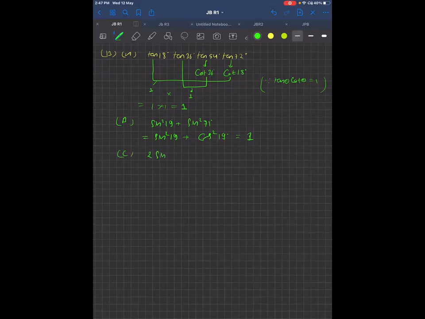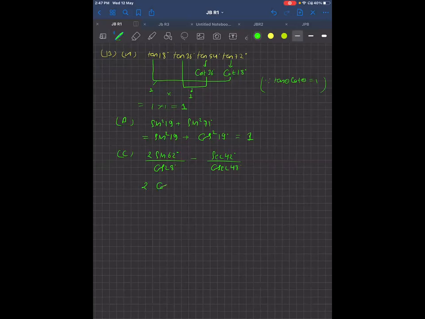2 sin 62 degree by cos 28 degree minus sec 42 degree by cosec 48 degree. Now again, all these questions are based on the formula 90 minus theta.